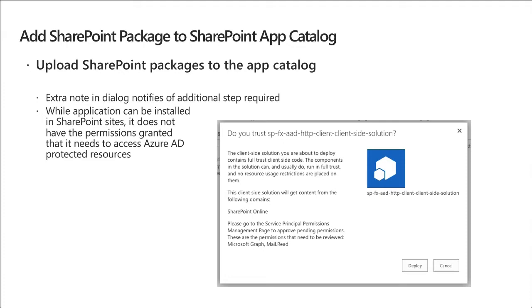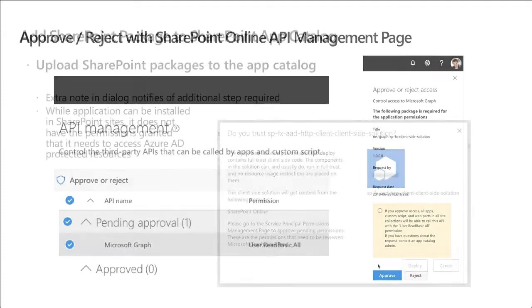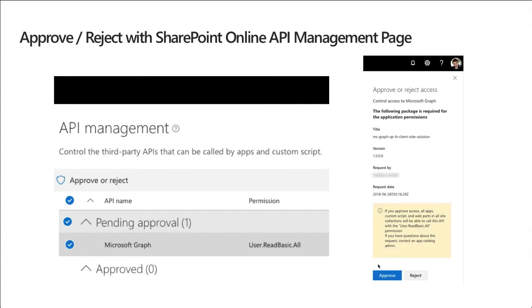While the application can be installed in the sites, it doesn't mean the permission has been granted. They're going to have to go to this special page called API Management in the SharePoint Online Admin Center, select the permission, and say, I approve it. And once that's done, then they can go through and get the data.